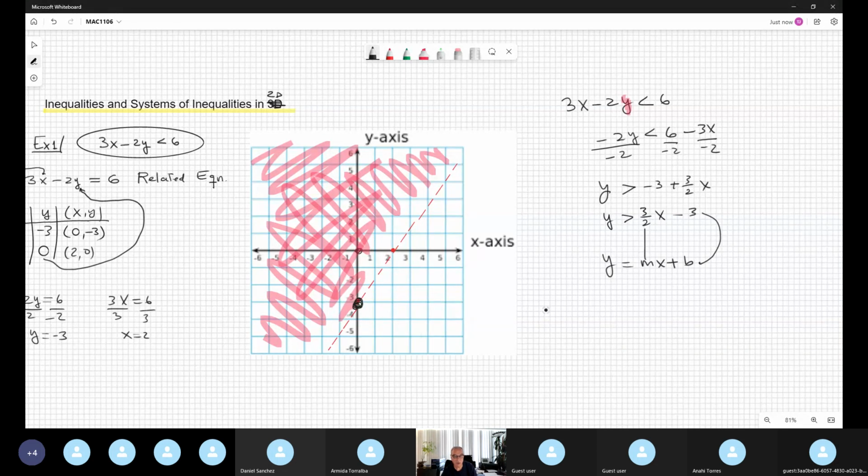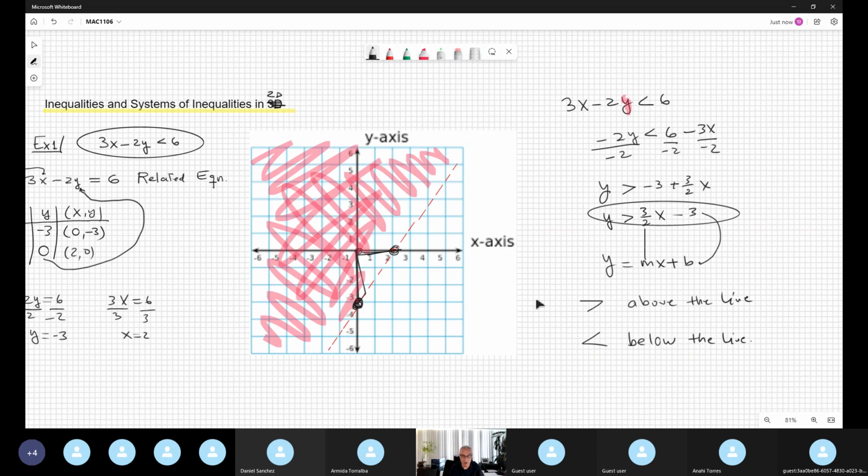So rise is 3 and run is 2, and you get the second point and do the same. However, when it's greater than with y isolated like that, the solution is above the line. When you see less than, it's below.